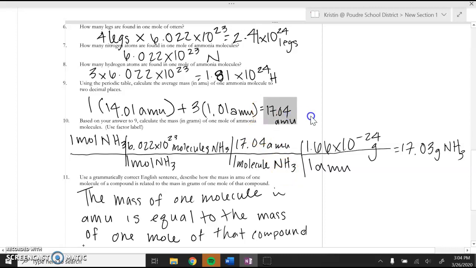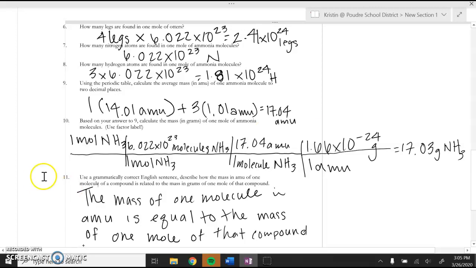That's where I pulled that from number 9. Then down here, I have that 1 atomic mass unit is equal to 1.66 times 10 to the negative 24 grams, right? This conversion factor on the end came from the top of this sheet. It was a provided conversion factor. When I math this all out, multiplying everything together, I end up with 17.03 grams of ammonia.